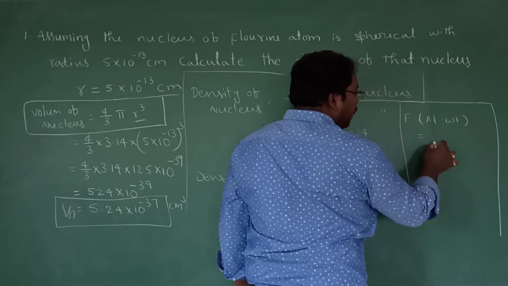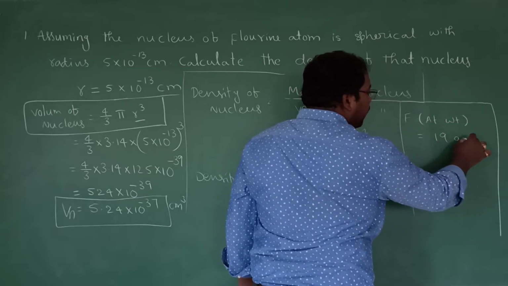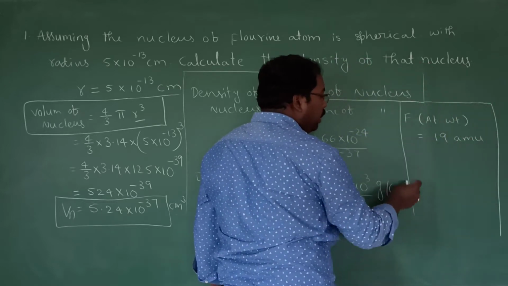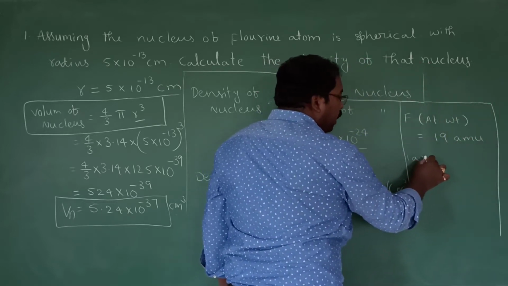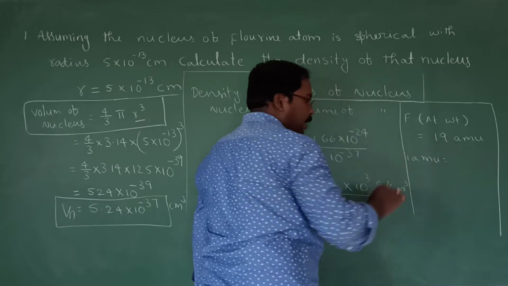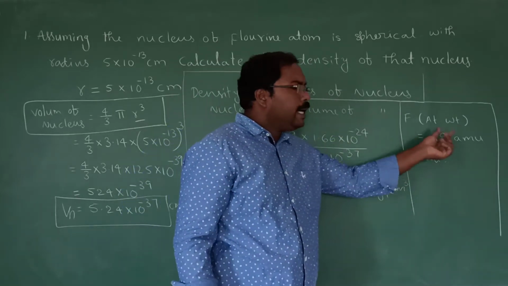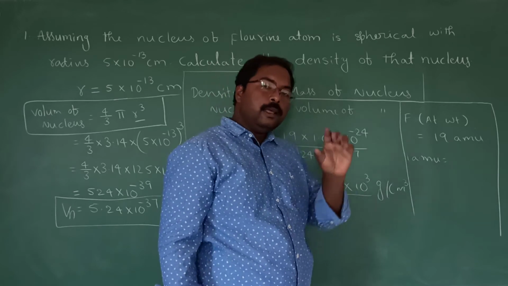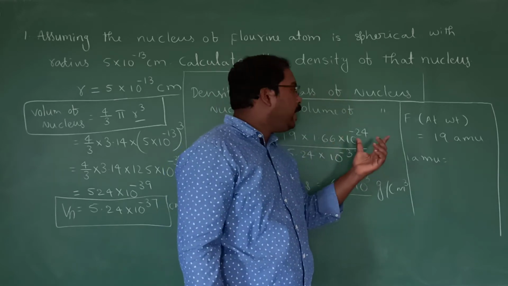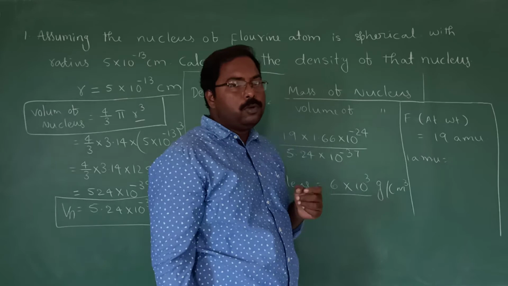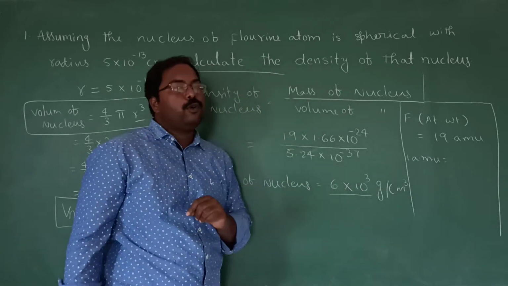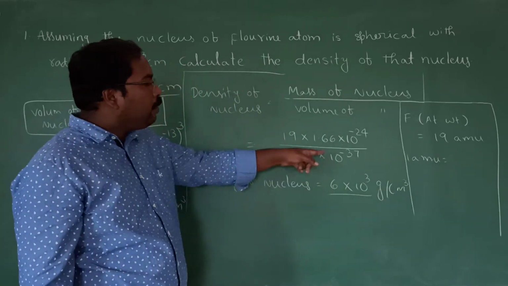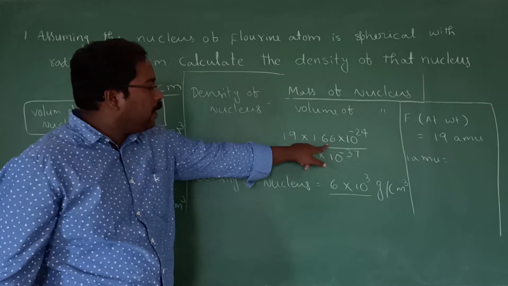or mass number, you see it is 19 AMU, atomic mass unit, or we can take 19 grams, but that 19 grams is for 1 mole of fluorine. So we have to divide by Avogadro number to get the mass of 1 fluorine atom. By putting Avogadro number in the denominator, you will get the same thing.